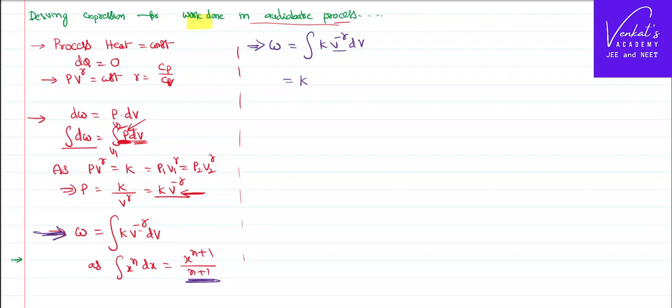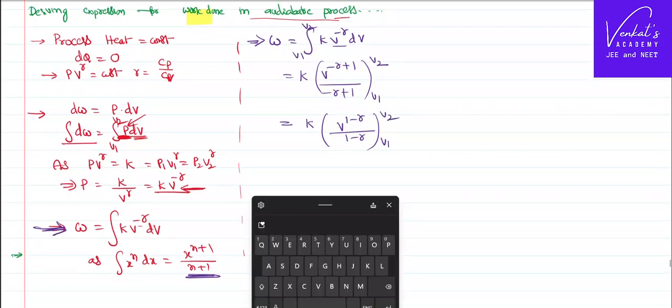Using the formula of integral of x^n dx, we get V^(-gamma+1) by (-gamma+1), where the volume is varying from V1 to V2. So V1 is the lower limit and V2 is the upper limit. It implies work done equal to K of (-gamma+1), of course, V^(1-gamma) by (1-gamma), where limits are from V1 to V2.